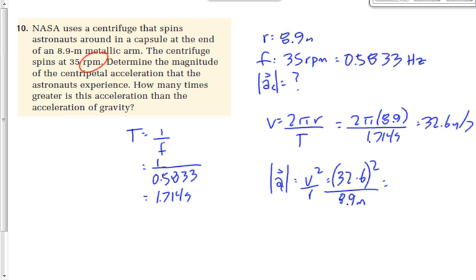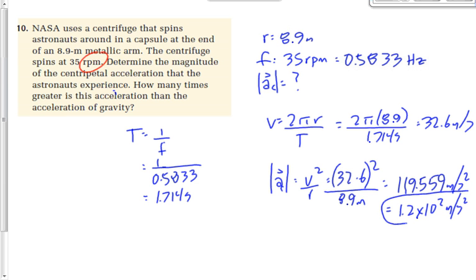It's going to be, I don't know, 100-ish? 119.559. We're going to round that, because it is a final answer, 1.2 times 10 to the 2 meters per second squared.